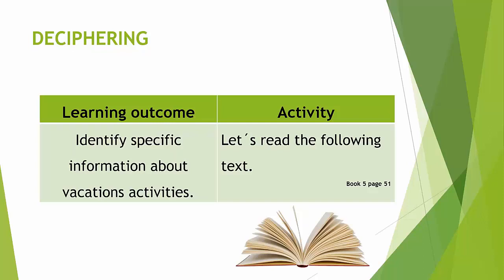For the deciphering, the teacher is going to present some new words that are going to be included in the reading. Okay, the teacher presents the reading, presents the words, the new vocabulary that are going to be included in the reading, and then the students are conscious about what the new words they are going to learn are.